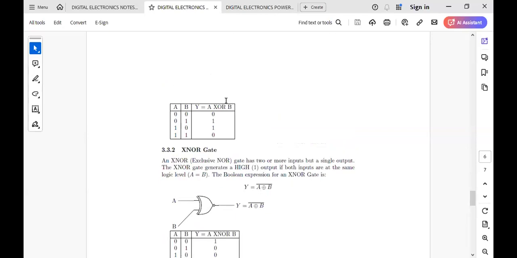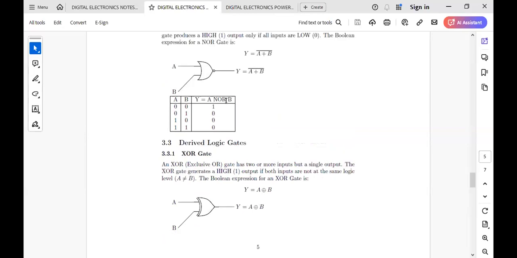Okay, the symbol for XOR and XNOR. XOR, it is that one. This one. And then of course, this one. Someone is going to say this B looks weird.